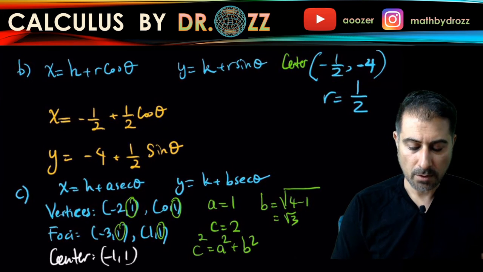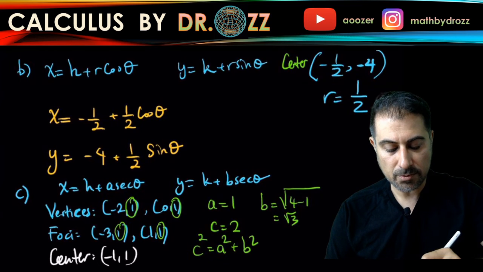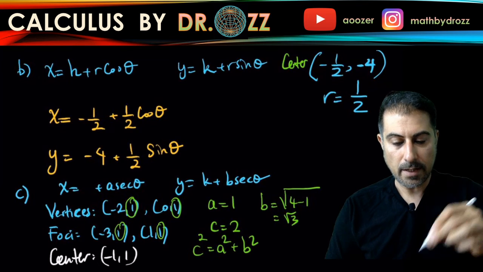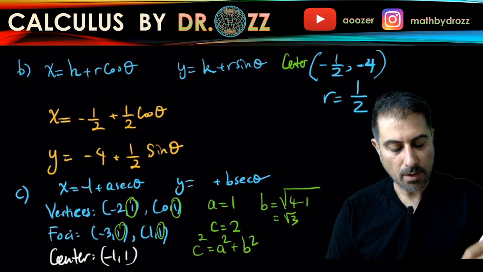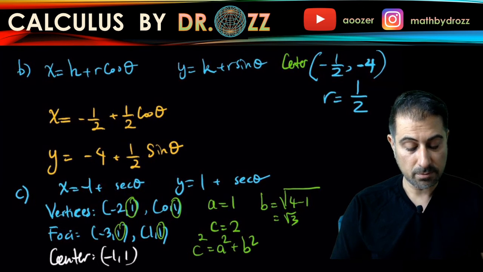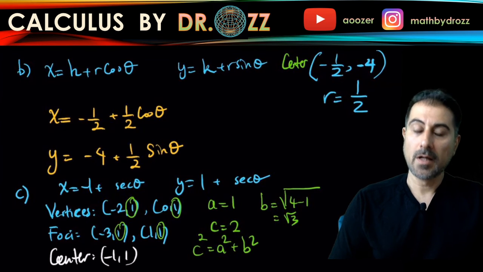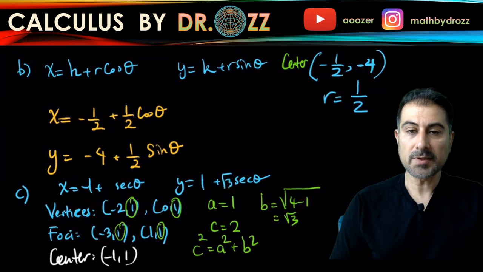Okay, so here we go. Let's replace h and k here with -1 and 1, and let's replace a and b here. a equals 1 already, so I don't need to write anything for that, but b equals radical 3. So here we go: -1 plus secant theta, and 1 plus radical 3 secant.